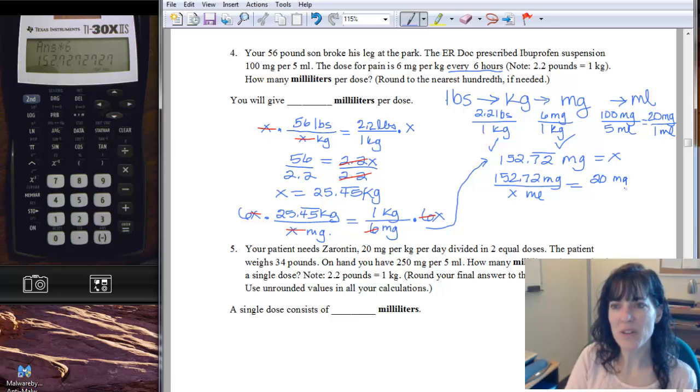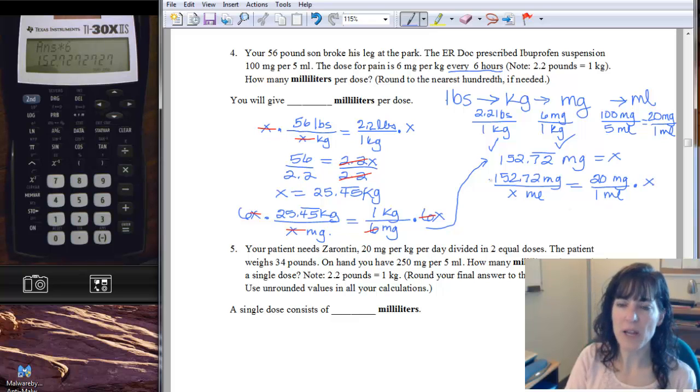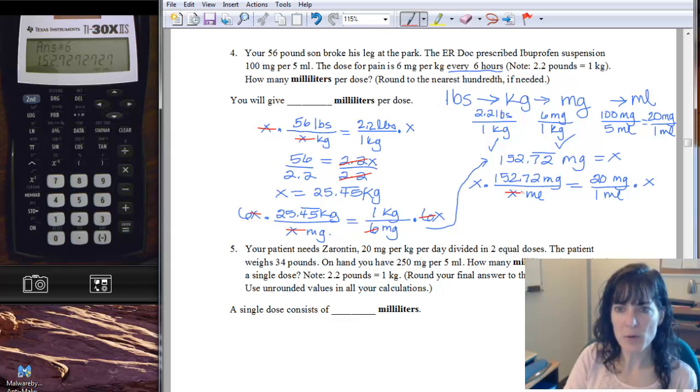So I have 20 milligrams over 1 milliliter. And now both sides, milligrams over milliliters, so it's perfect. And then I want to look at my two denominators, x and 1, so I'll just multiply both sides by that product, which is just an x. And then reduce where I can, so my x's reduce on the left and I'm left with 20x on the right.